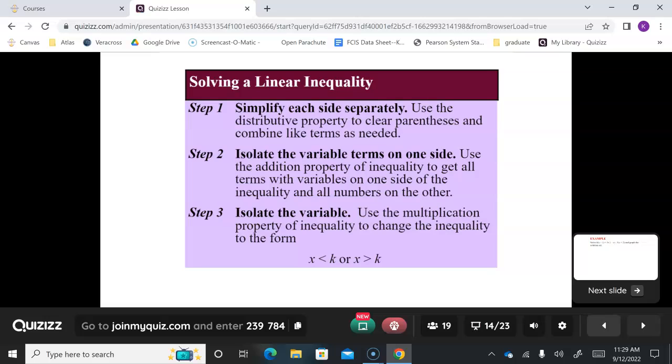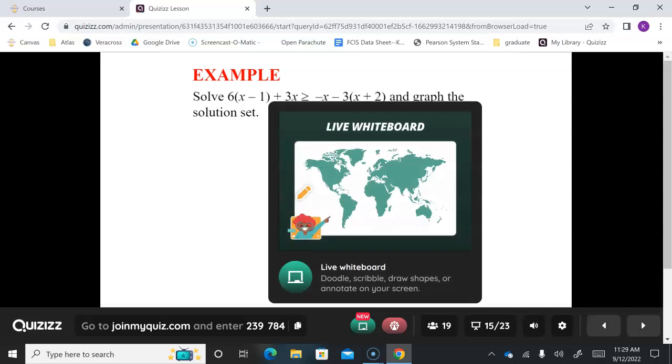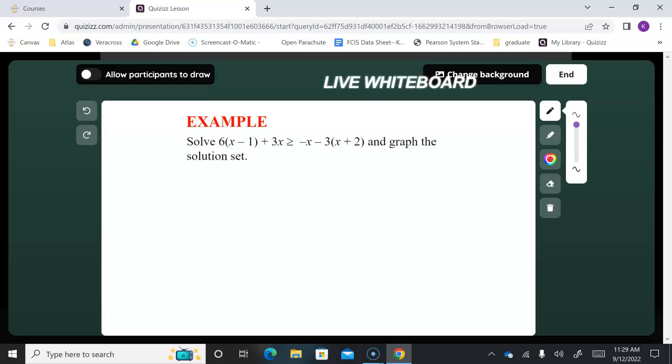Do I have any fractions to get rid of? Do I have any distributive property? Yeah. What am I going to distribute? Okay, 6 gets distributed to what? Good. 6x minus 6 plus 3x greater than or equal to negative x minus 3x minus 6.